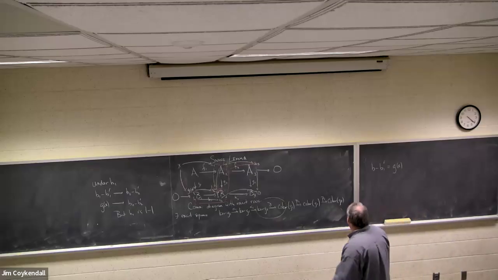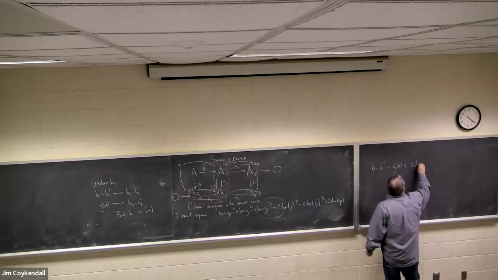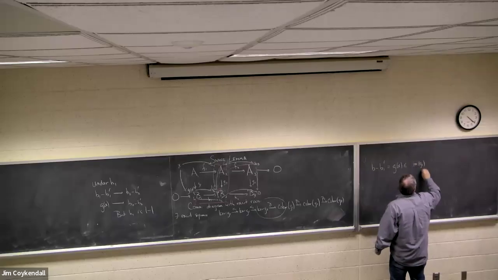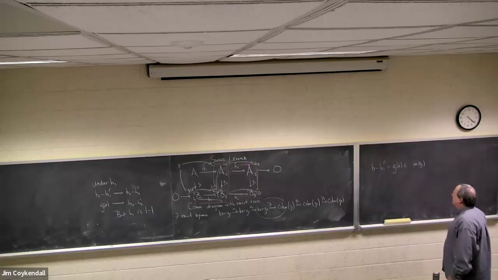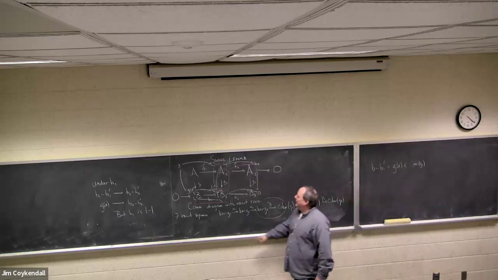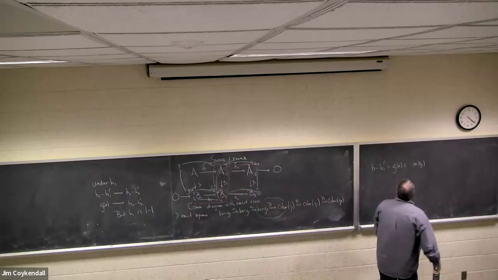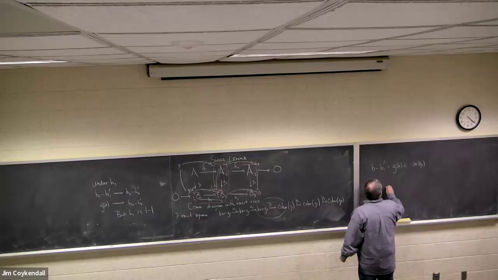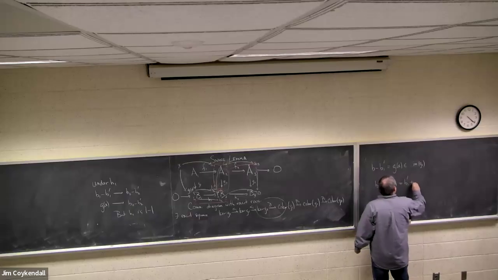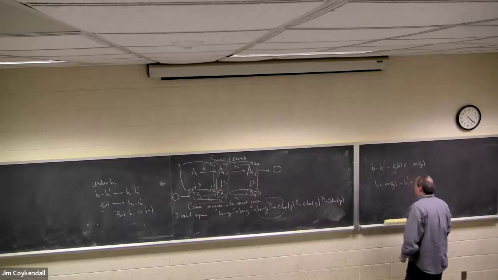And after all this work, this is amazing. G1 of X is in the image of G1. So the difference between B1 and B1 prime, the two choices that I could have made, is in the image of G1. And this means that the coset B1 plus image of G1 is equal to B1 prime plus image of G1.